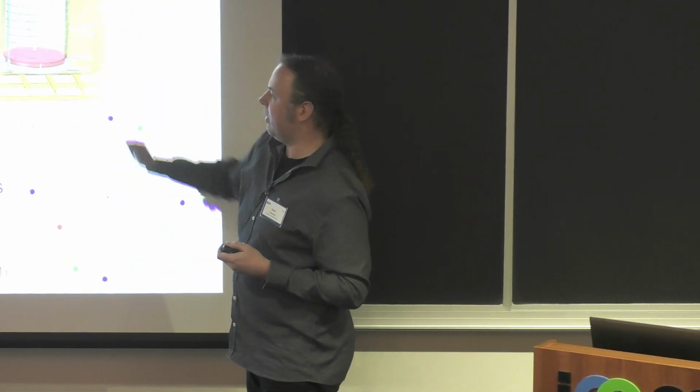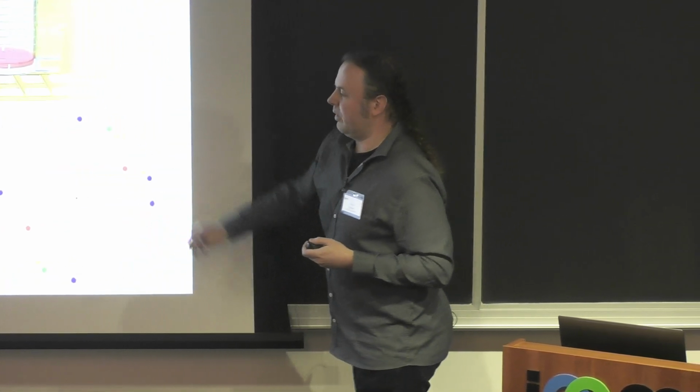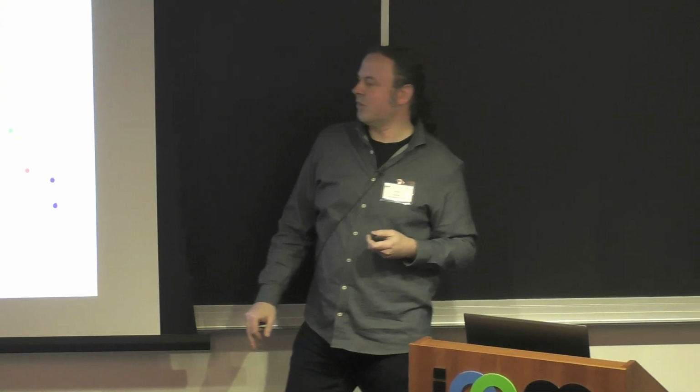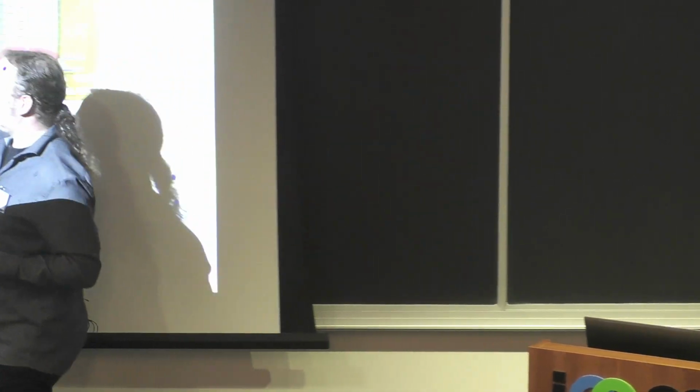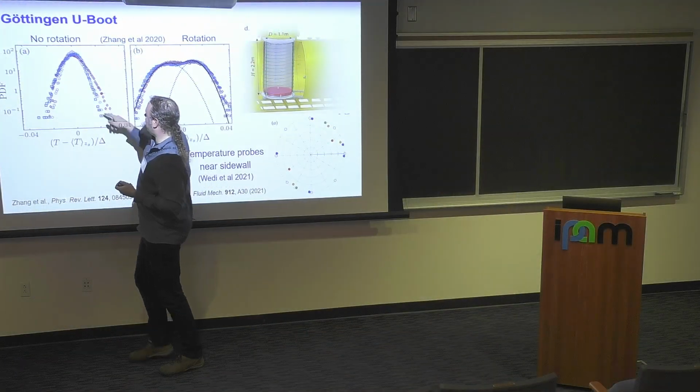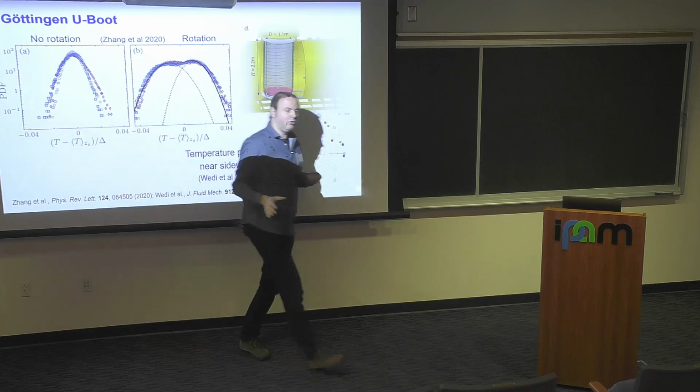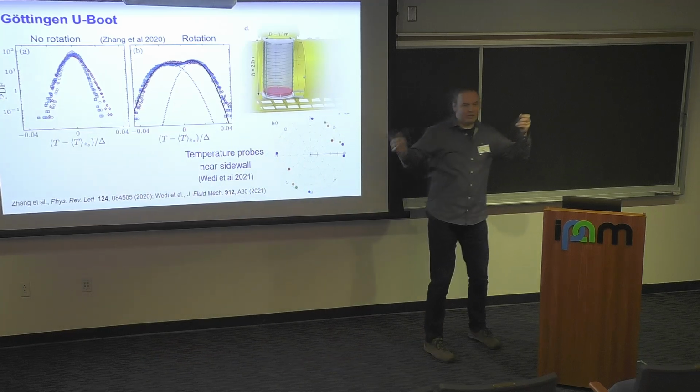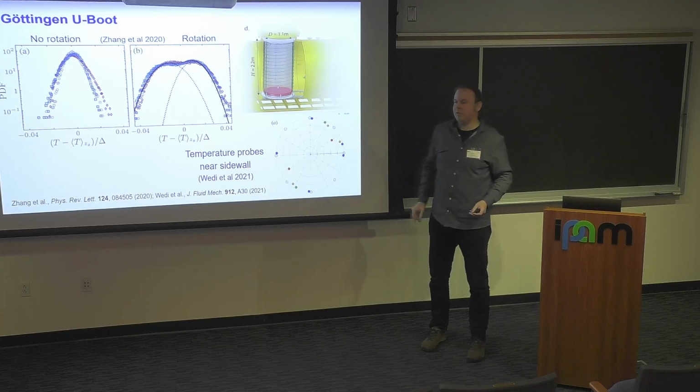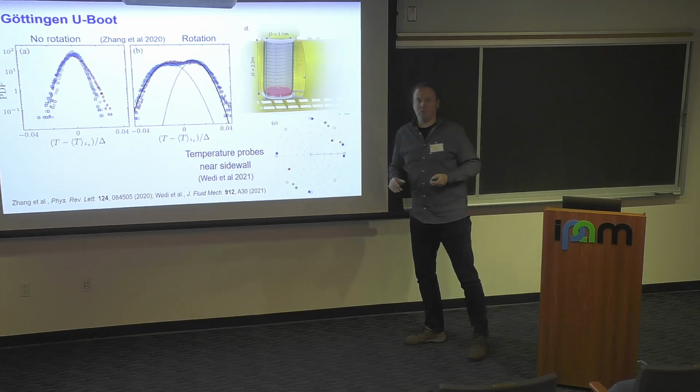So what if you plot a PDF of one of these temperature signals? Without rotation, you would actually see a sort of Gaussian distribution, even though we have this large-scale circulation, so that turns out to average out quite well.